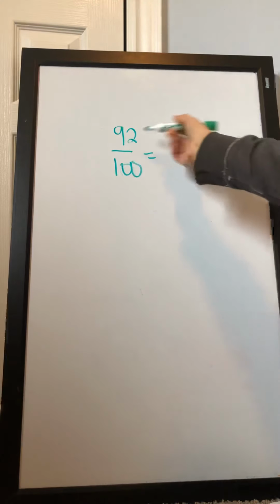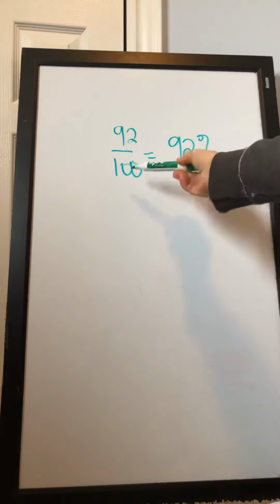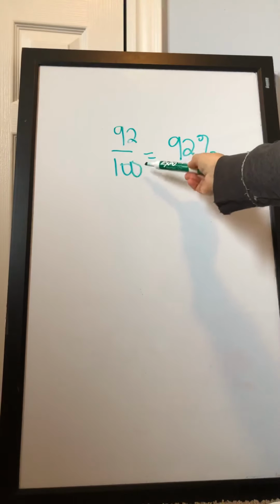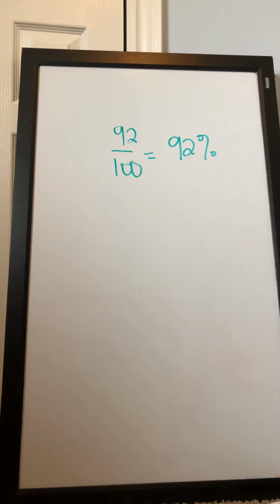For example, if I had 92 over 100, that's simply 92%. So as long as the fraction has a denominator of 100, the numerator becomes our percent.